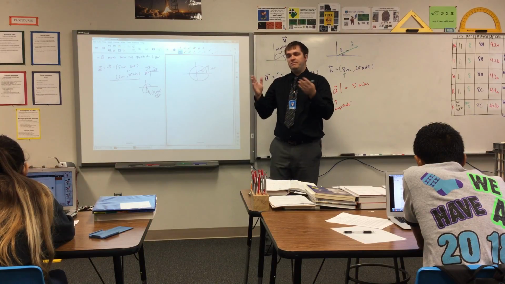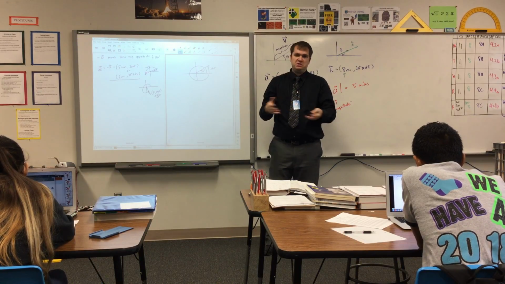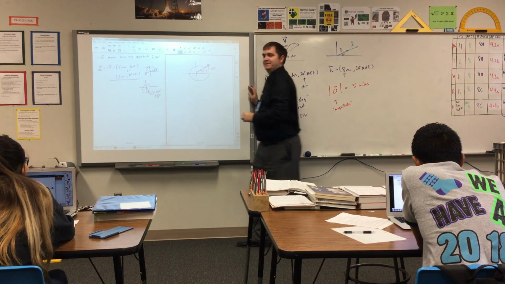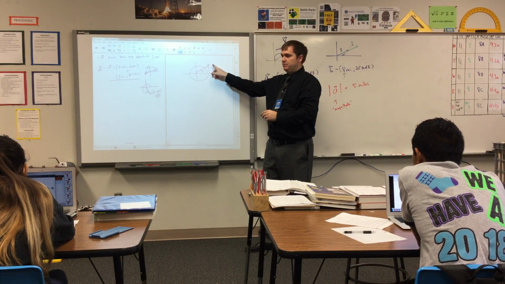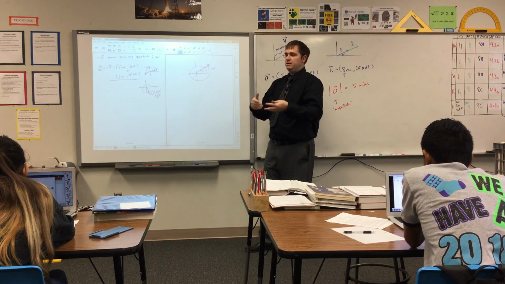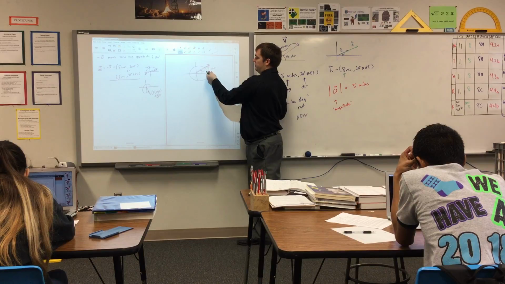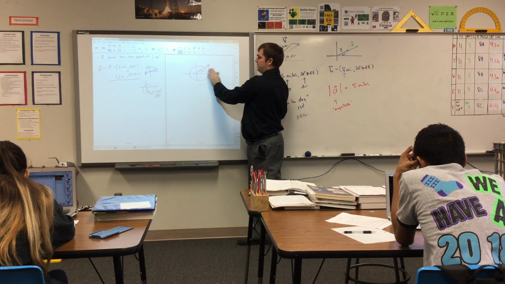But with vectors, there's really no difference. You're going in this direction. There's no spinning around or anything like that involved. So we normally would never say 370. We would say 10 degrees.